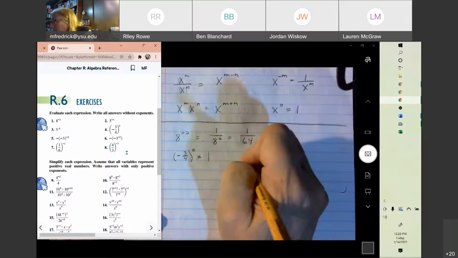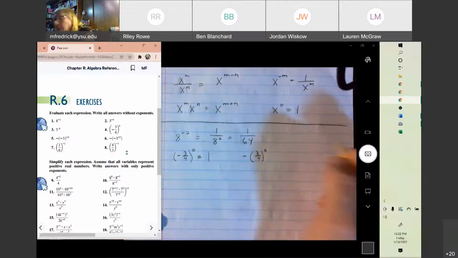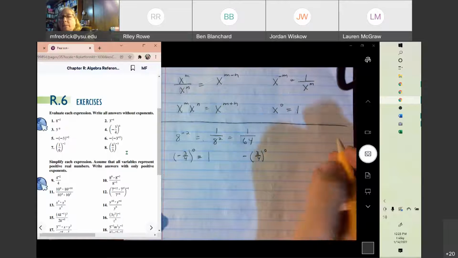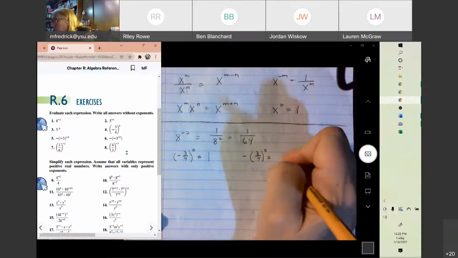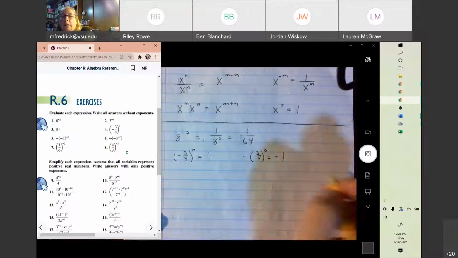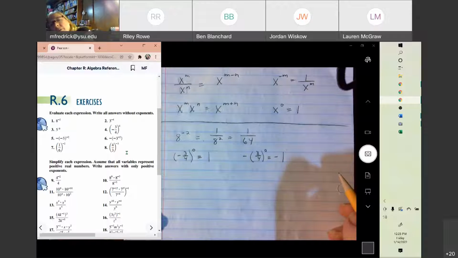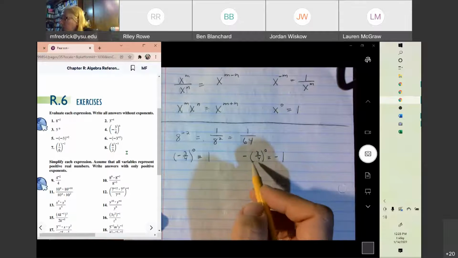But if we had this, it would be a negative 1, because the only thing to the 0 power is the 3/4. So you need to be careful.